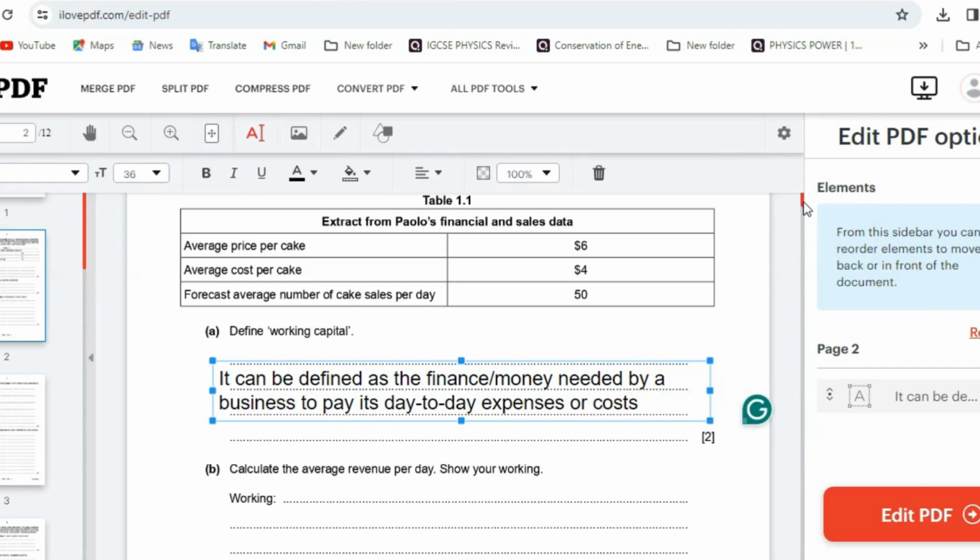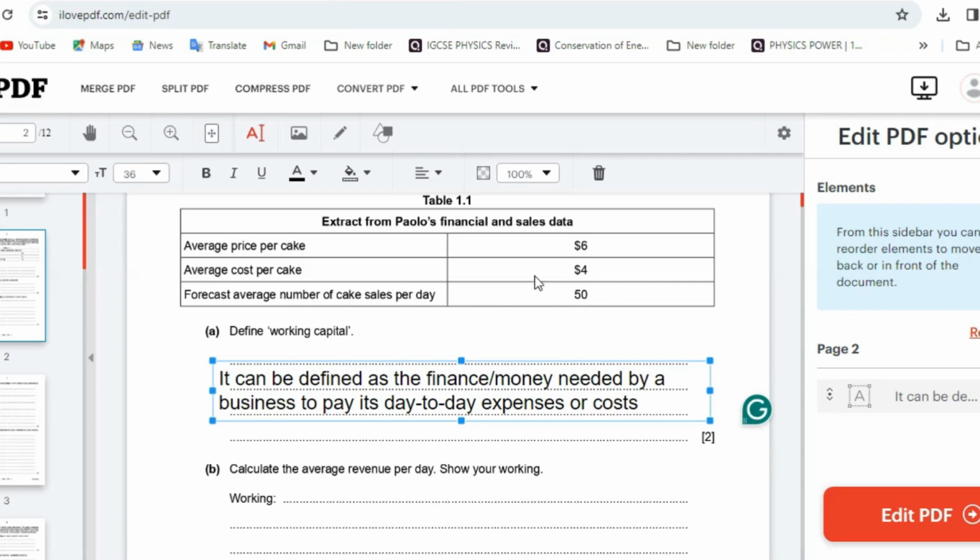Now we have our question 1b here. We have to calculate the average revenue per day, and you have to show your workings. Using this table 1.1, we have to calculate our average revenue per day. To get your average revenue, it will be your price per cake multiplied by the number of units sold by the business.